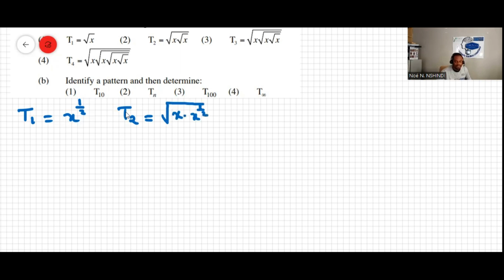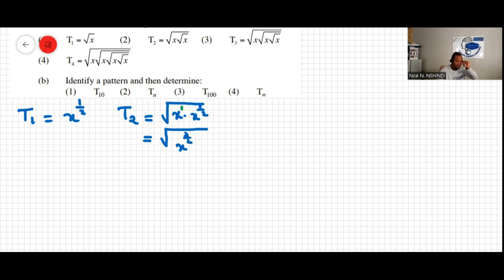Okay, and then this will be square root of what? Because there is an invisible one here, we're going to add the exponent. That makes x to the power of 3 over 2, because 1 plus a half makes 3 over 2. Maybe I can just write it a bit like that. 3 over 2.